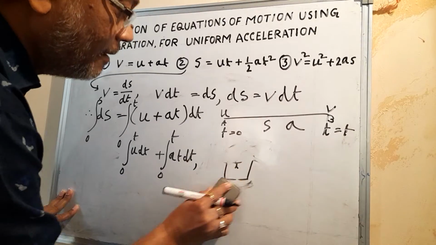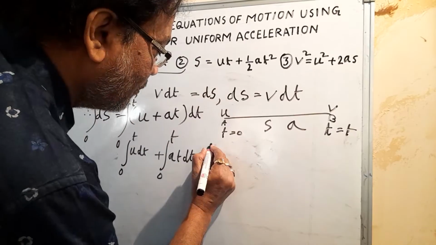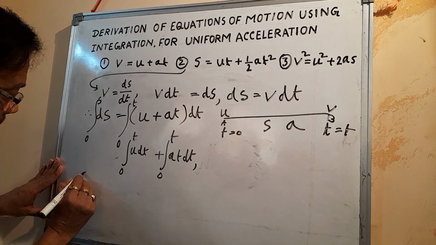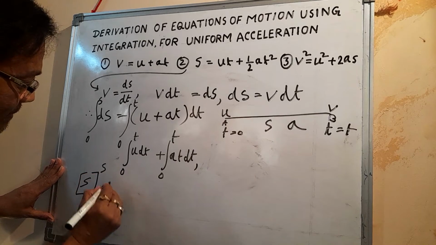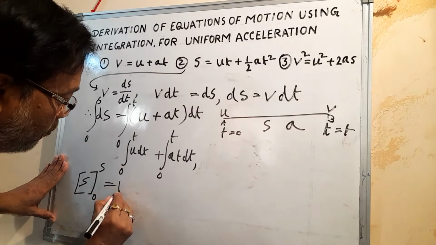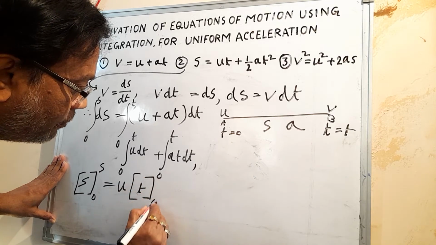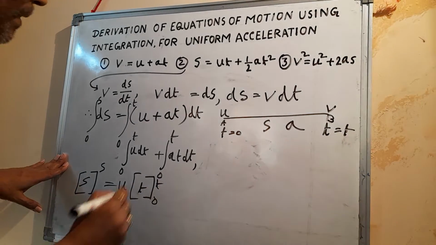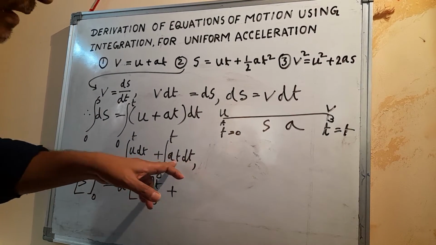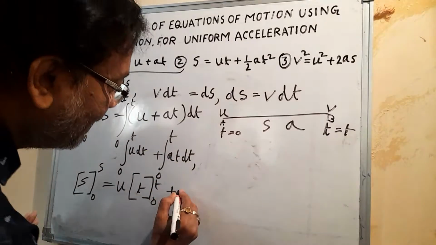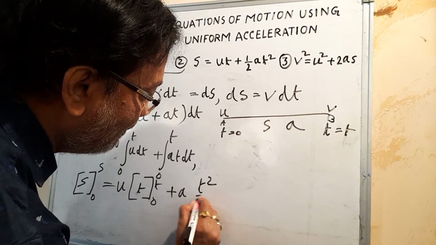From here we get ds, so s varying from 0 to s equals u constant times t varying from 0 to t, plus the integral from 0 to t of a t dt. Here a is the constant term, and the integration of t will be t square by 2.